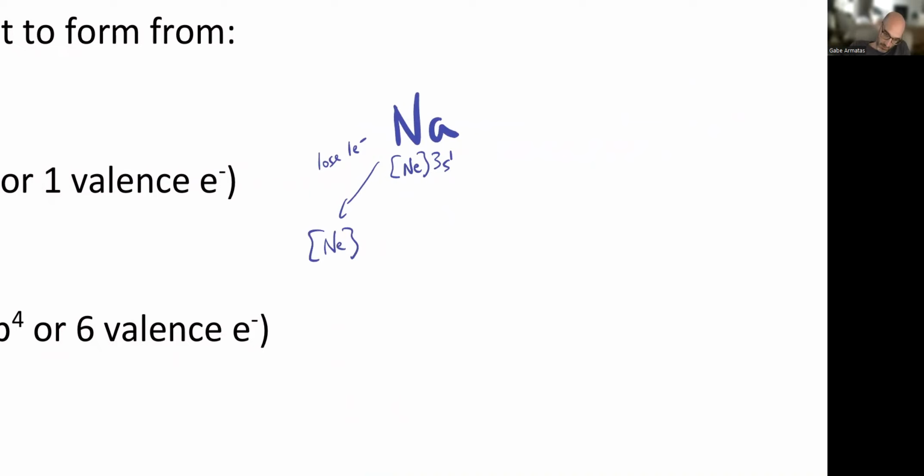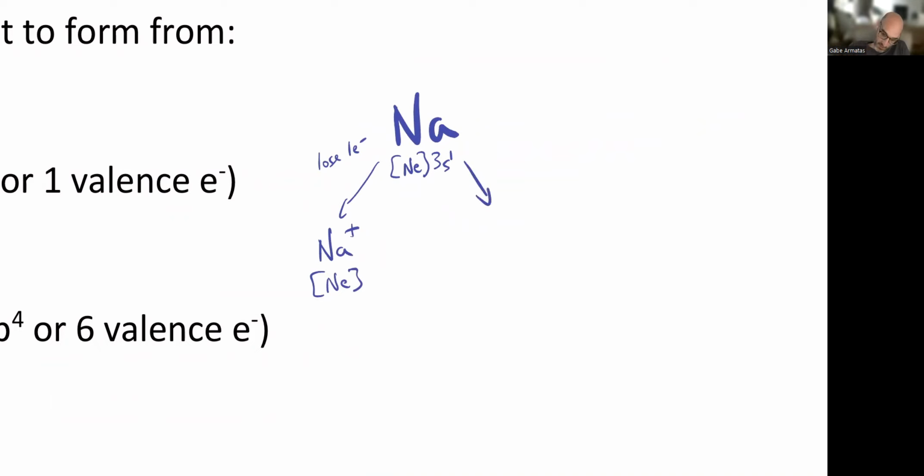But more importantly, it becomes +1, and now it has a noble gas core of neon. Essentially it's gone from 1 valence electron to 0 valence electrons, but what it's really done is gone from neon with 1 electron to just neon. Again, we're looking for stability, and that's stable.